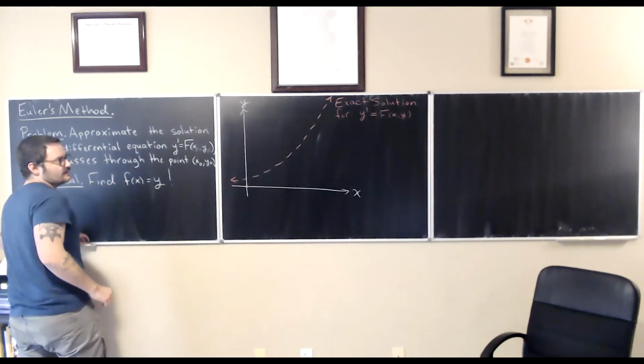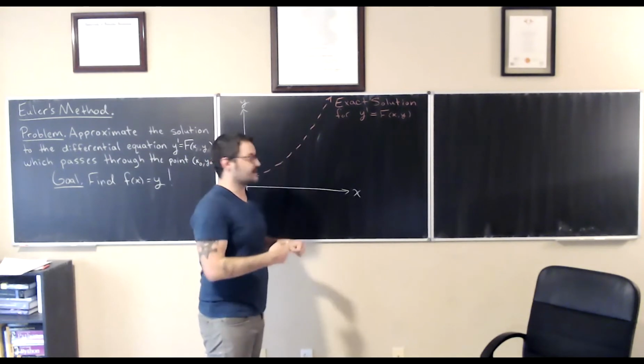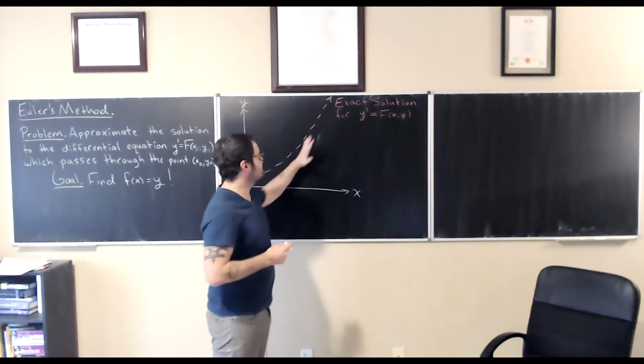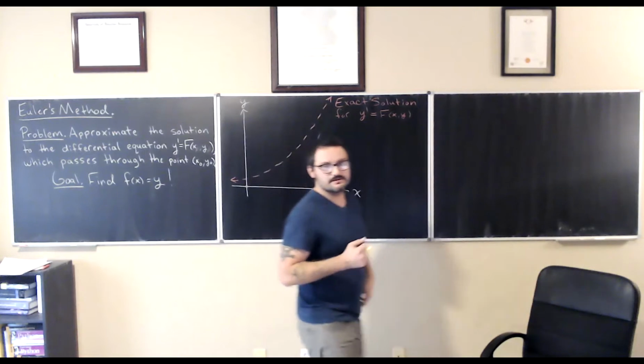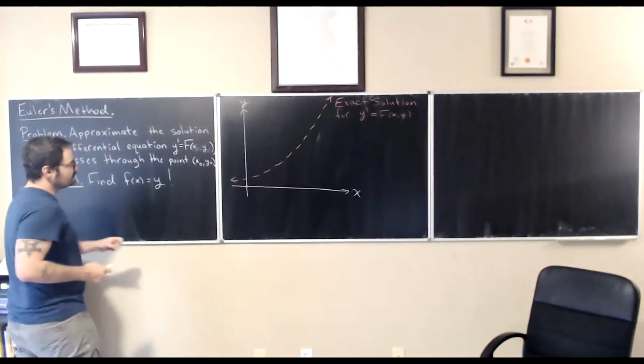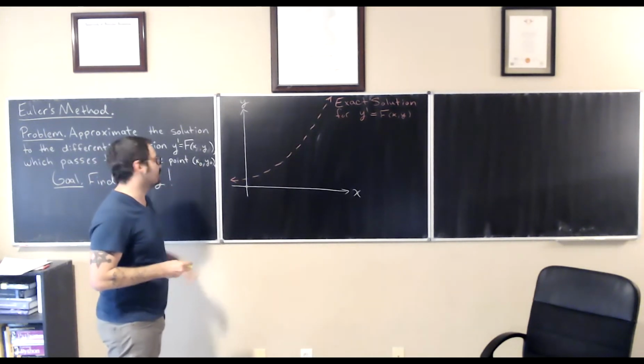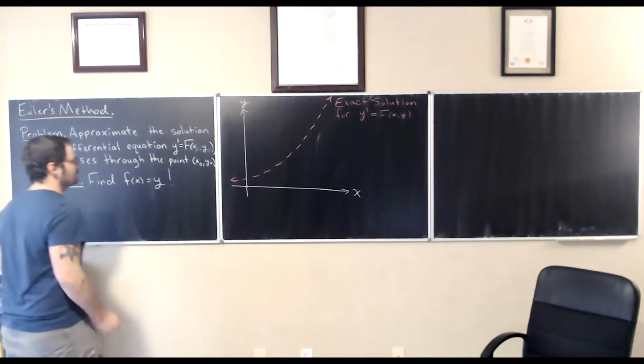Now we do not know this. That's why it's dashed again, just emphasizing that one more time. We do not know what that function is. But we know that the function passes through this point x naught, y naught. We're assuming that we're given that in the problem statement.